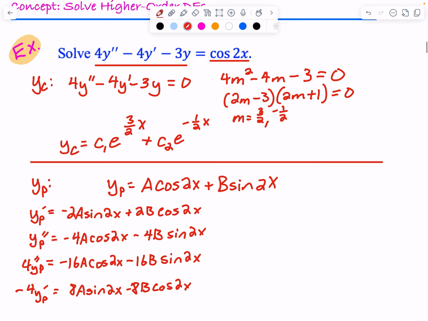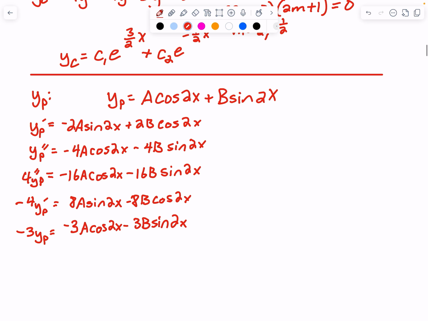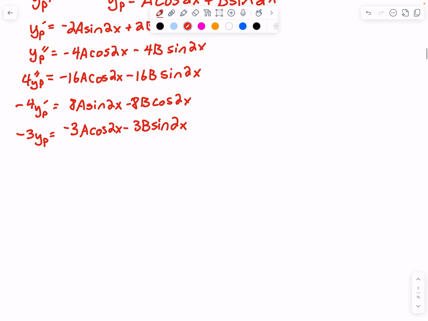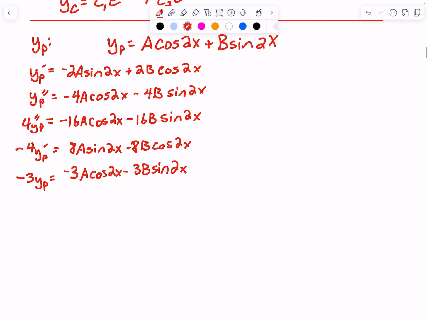And then one last thing, it says minus 3y, so I'm going to multiply the original by negative 3. Right, that's my diffeq: 4y double prime minus 4y prime minus 3y. So now I'm going to add, and it's just these three here. That's why I do it that way.